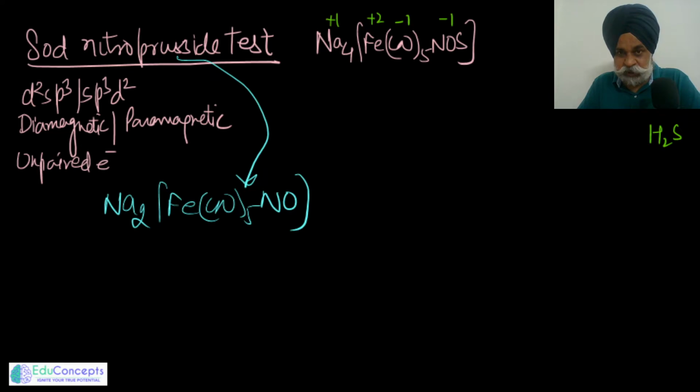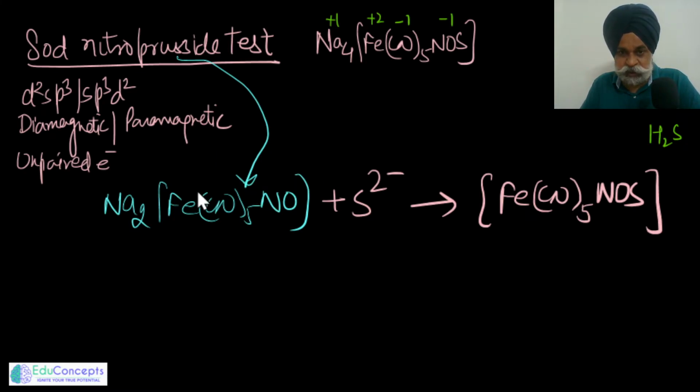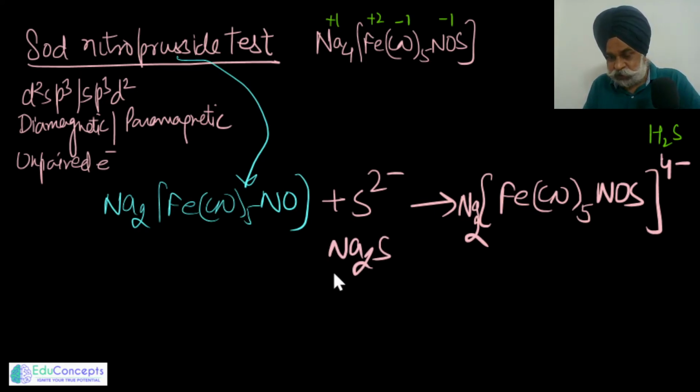In this sodium nitroprusside, if you treat it with sulfide ion, what you get here is a species of the type [Fe(CN)5NOS], and here again it is 4 negative, because if I take sodium sulfide, Na2S, the reaction gets balanced.